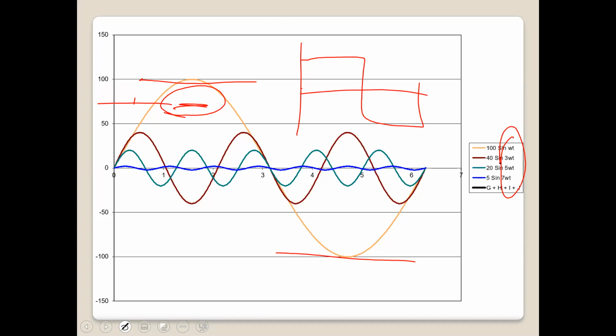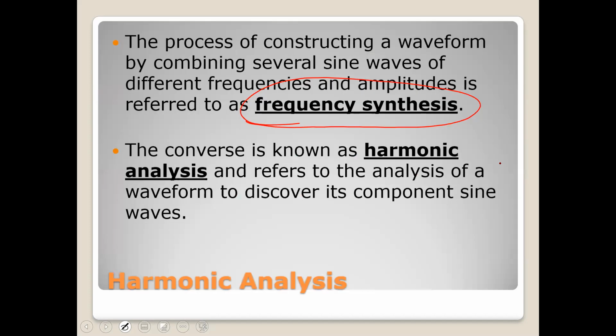So we had 1, 3, 5, 7, and I just told you about 9, 11, etc. However, you would not be able to just look at the square wave and say we need to add those odd numbers. But let us say we knew the waveforms that we needed to add. Then by adding them, we'll be synthesizing them. So we refer to that as frequency synthesis.